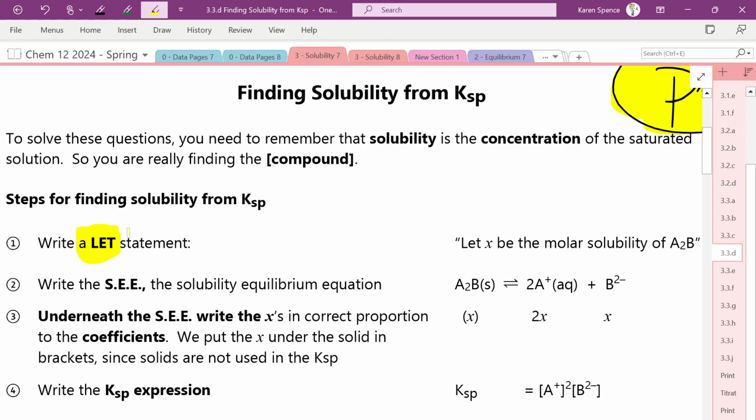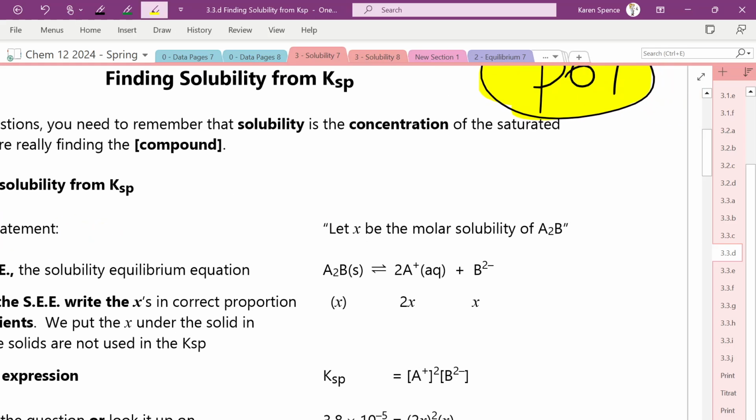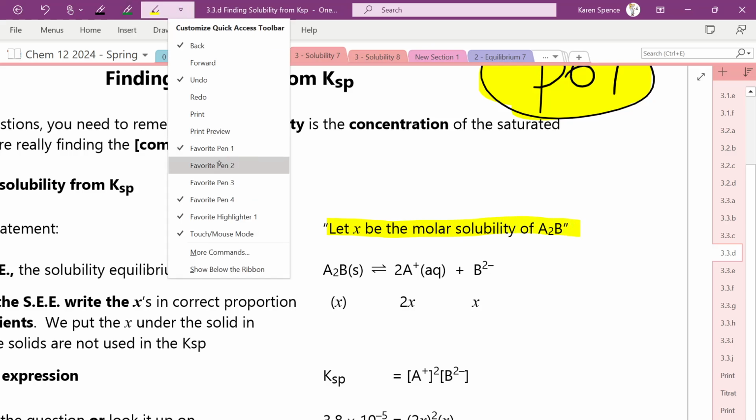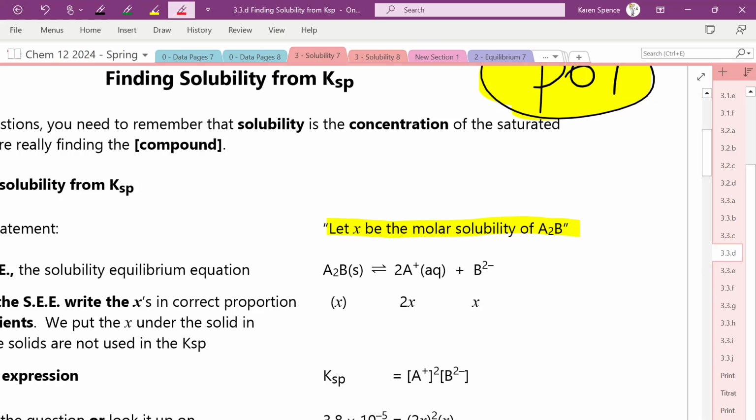So you need to say, let x be the molar solubility of whatever the salt is, okay?